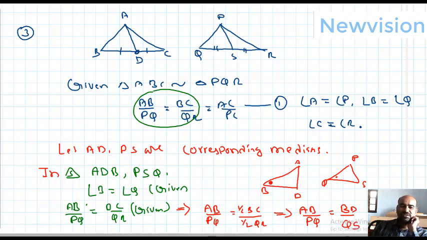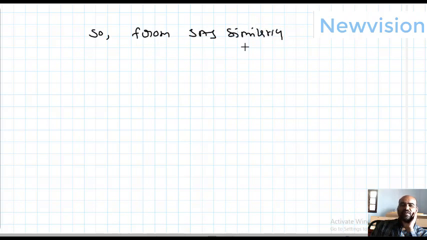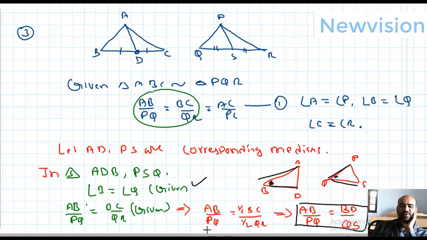Now observe, students, an interesting result we got. This side by this side equal to this side by this side, and these two angles are equal. So from SAS similarity these two triangles are similar. I will write that: from SAS similarity, triangle ADB is similar to triangle PSQ.